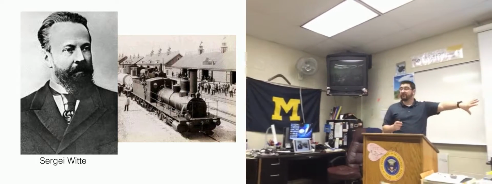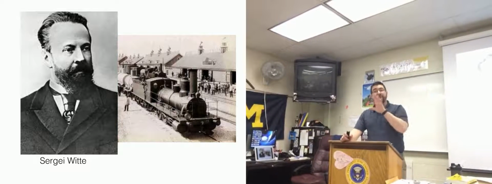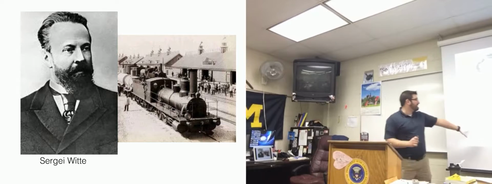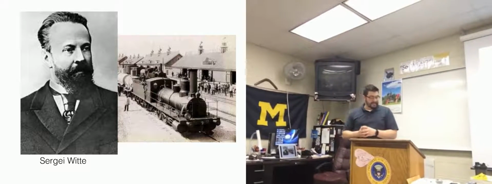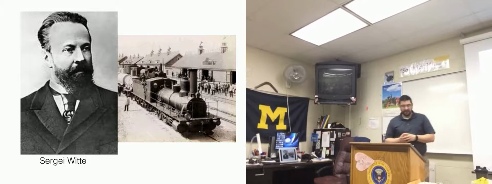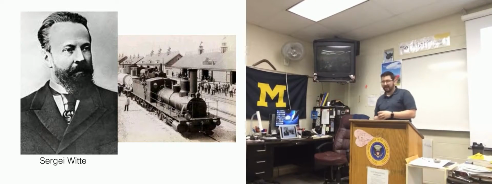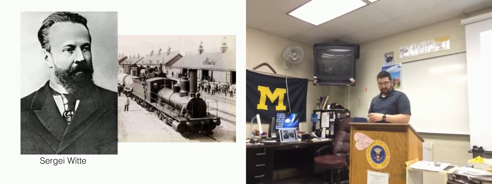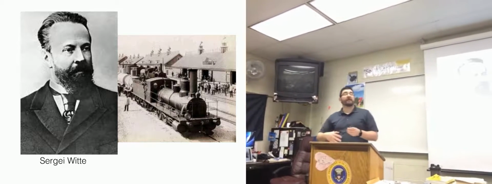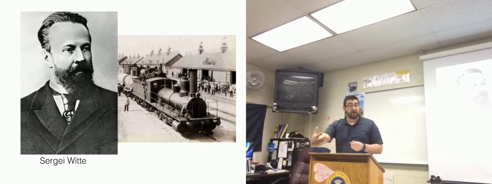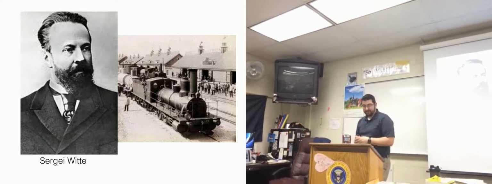It's later than Western Europe does it, but they will try to catch up. And much of that is led by a finance minister named Sergei Witte, W-I-T-T-E. He's a Russian guy, but he's got kind of a German name. Remember, Russia used to be a little bigger. And he was the Russian finance minister that's going to be a proponent and a supporter of Russian industrialization.